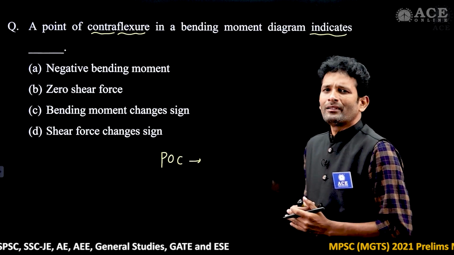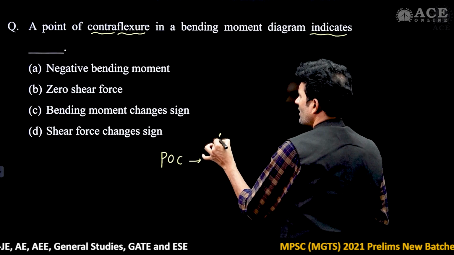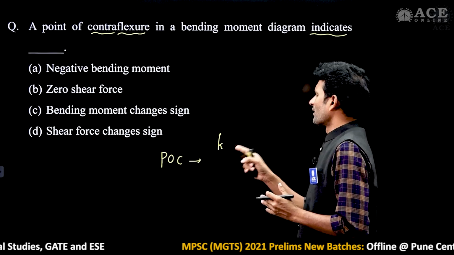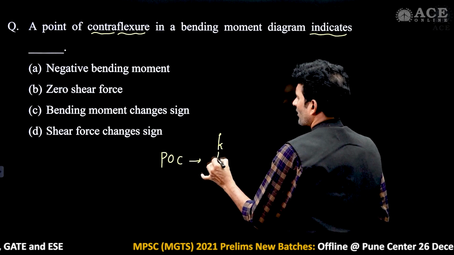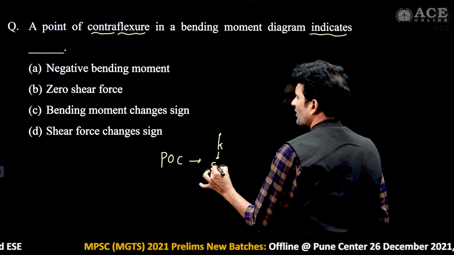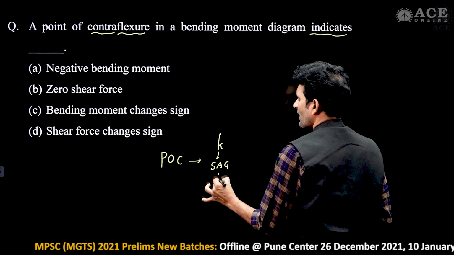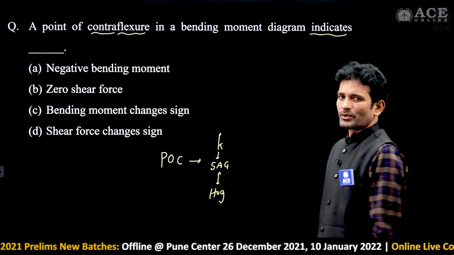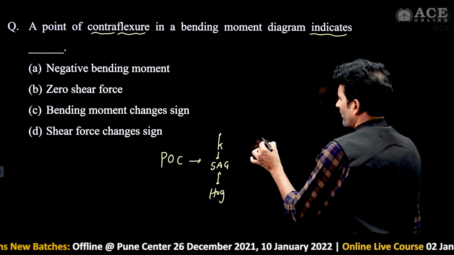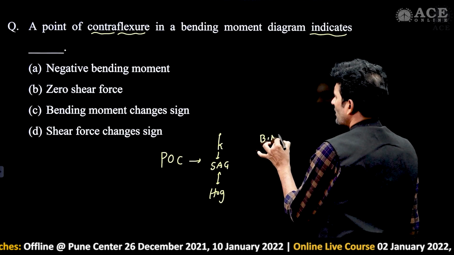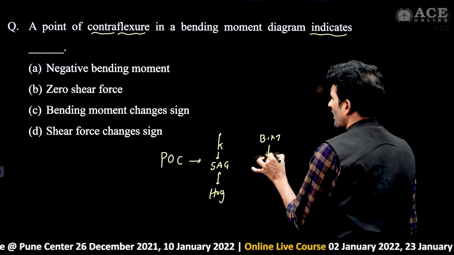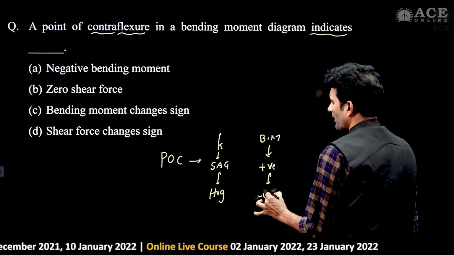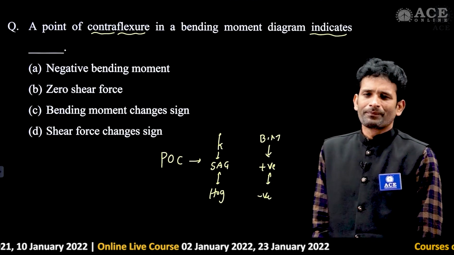It is the point where the curvature reverses its direction from sagging to hogging, or hogging to sagging, or where the bending moment changes its sign from positive to negative bending moment. As we know the definition of the POC.